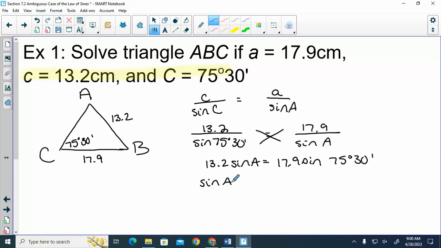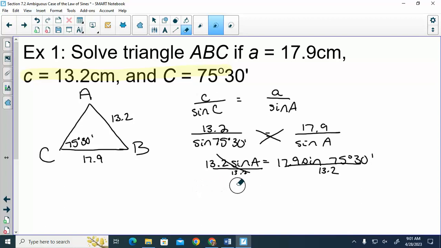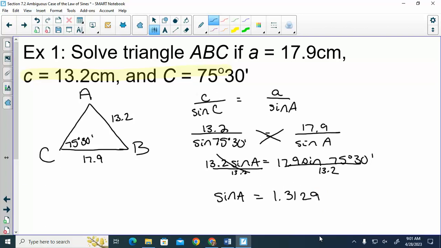And when I divide by 13.2, this is my calculator, 17.9. What do you guys get?